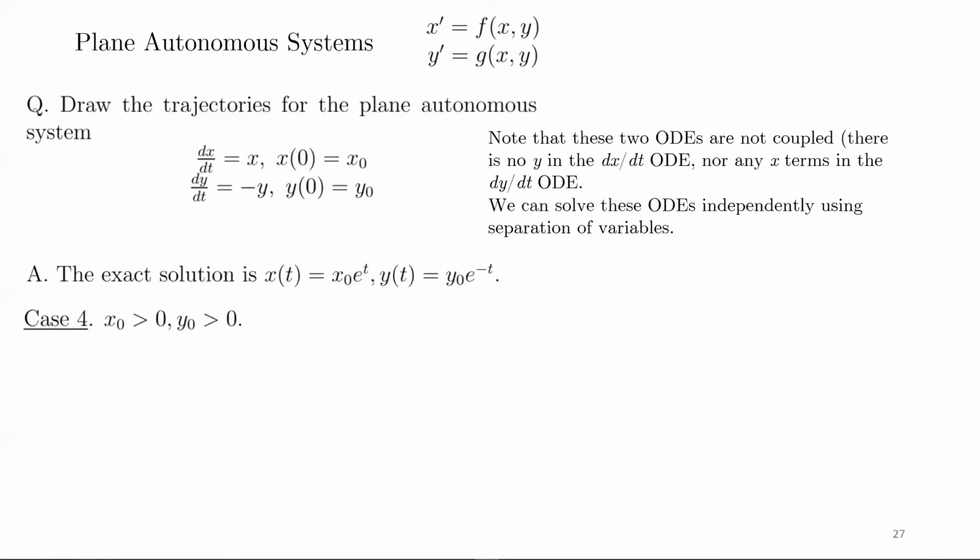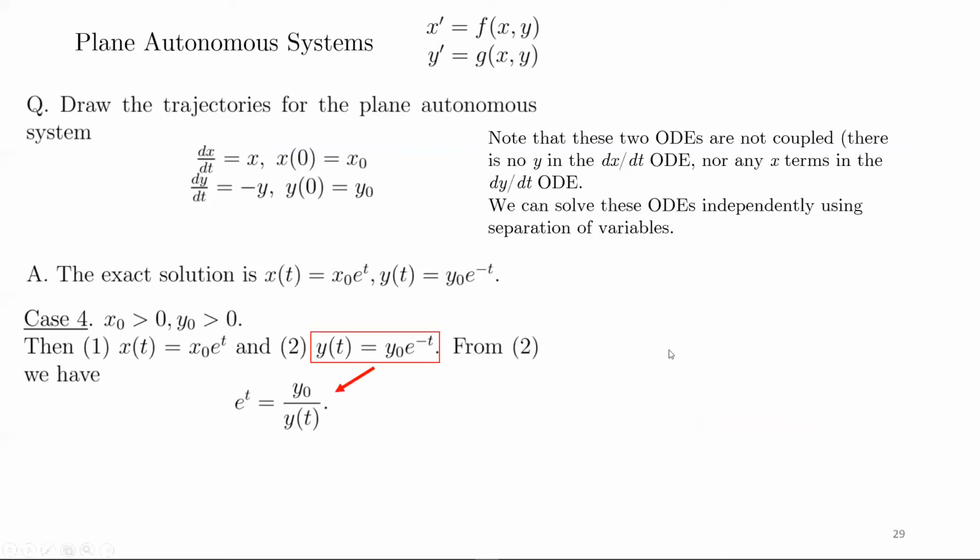Okay, well, what if now none of them are 0, but the initial condition we're given is x naught greater than 0, y naught greater than 0? So we're in that first quadrant here, where the initial condition is starting somewhere in the first quadrant. Well then, by our two solutions here, none of them are 0, so they're just displayed there.